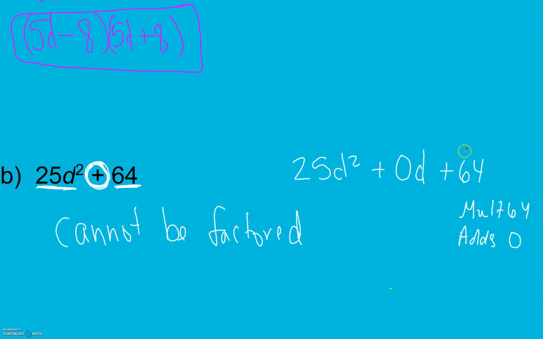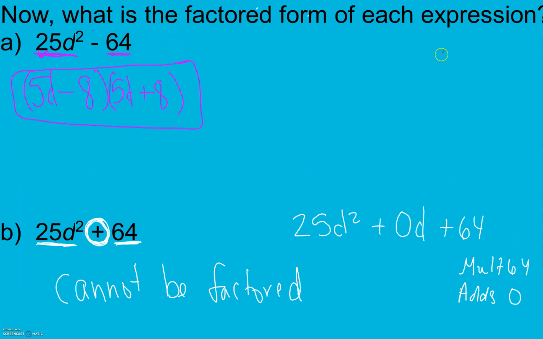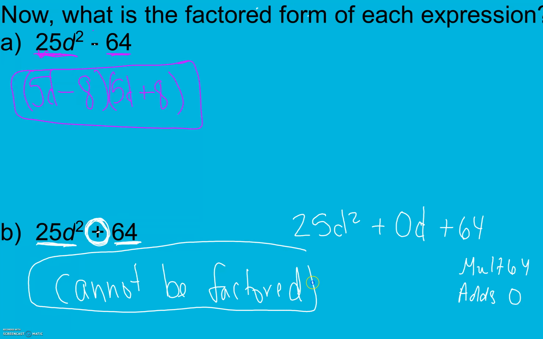We can subtract to 0 like we just did here, but we can't add to 0. So this one cannot be factored. So make sure that it's the difference of two squares, meaning a subtraction sign instead of addition. That's very, very important.